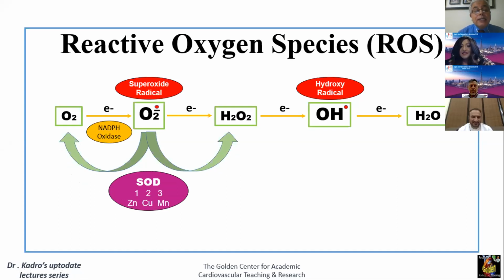This enzyme takes the superoxide and converts it back to oxygen and hydrogen peroxide, which is a less toxic substance, but still works as a killer in the white blood cells.